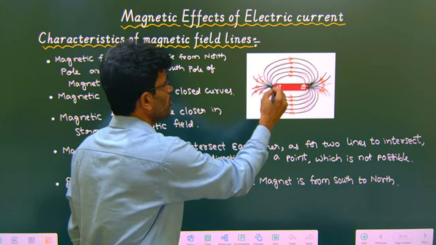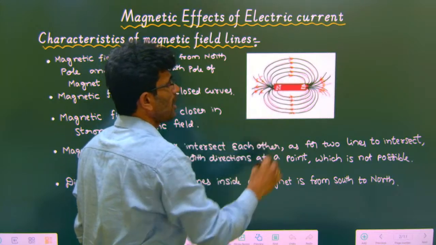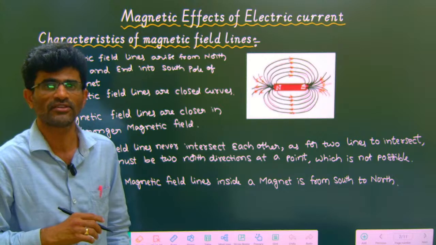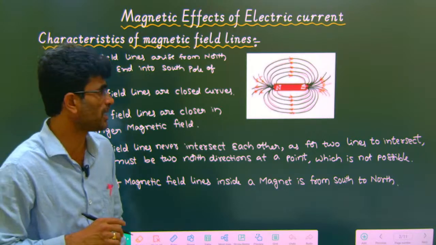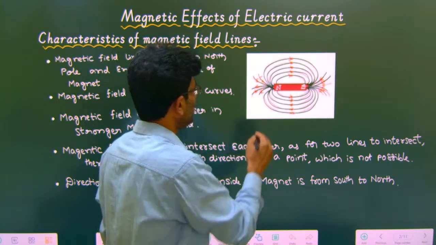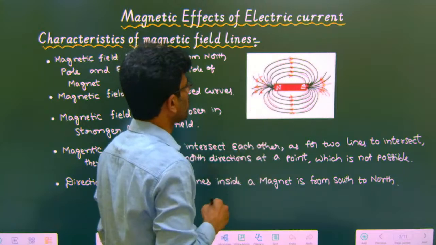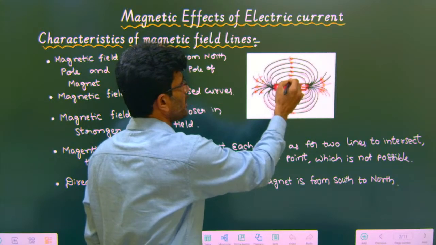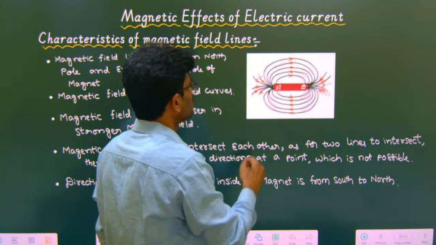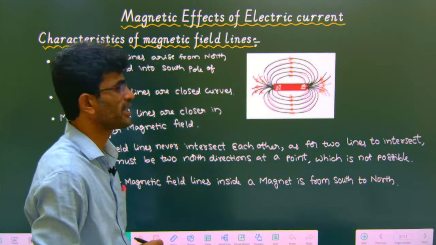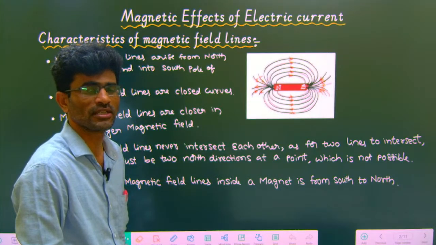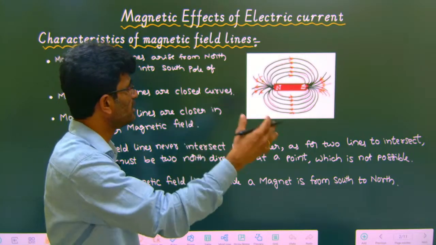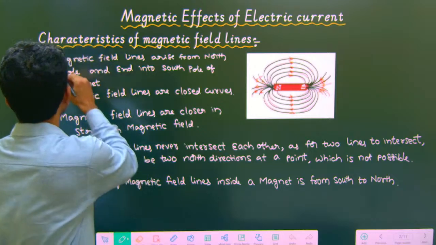So at the south pole you can see arrow marks like this. These arrow marks are important when you draw the magnetic field lines. Sometimes they ask you to draw the magnetic field lines around a bar magnet, so you have to draw like this. The arrow marks should always be from north pole to south pole. So this is the first important characteristic of magnetic field lines: they always come out of the north pole and end at the south pole.